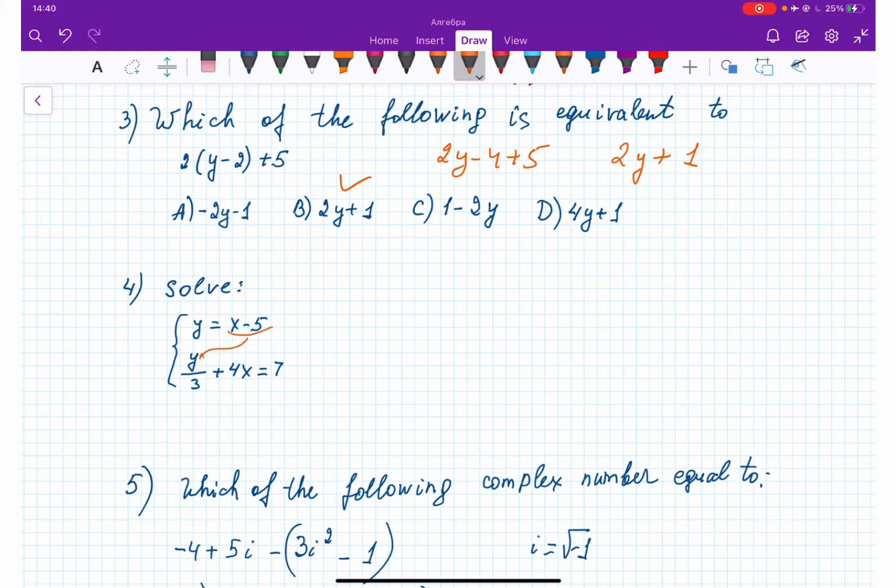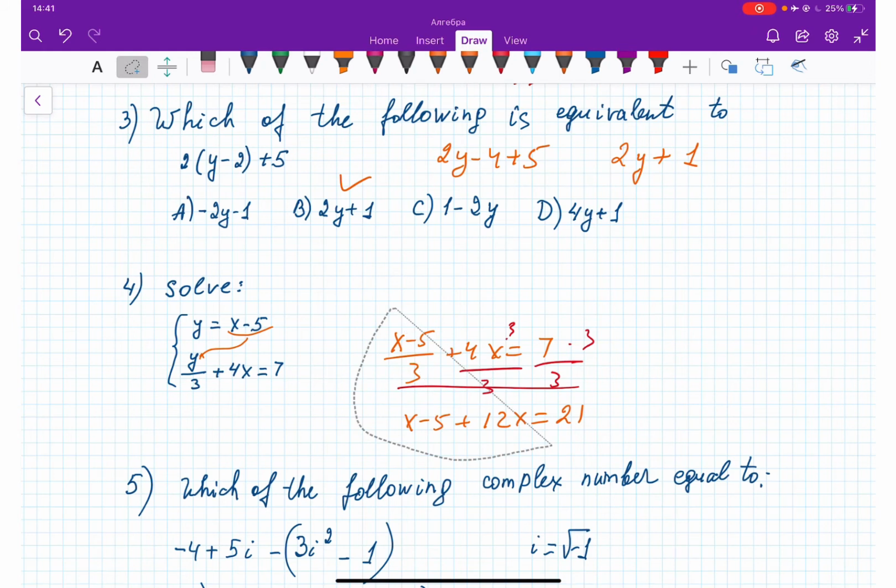And I will get x minus 5 over 3 plus 4x equal 7. So bringing to a common denominator, here is 3, here is 3. Drop it, and I'm getting x minus 5 plus 12x equal 21. Yes?